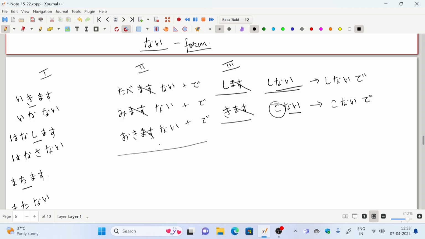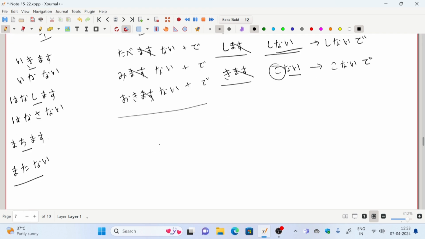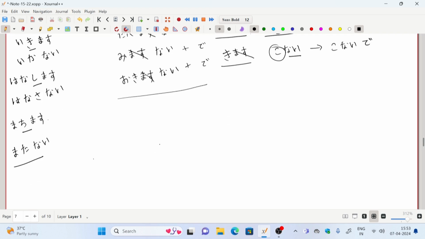So when we want to use please in a negative way, don't do, okay, then when we use this form, we'll add de here, like we have done earlier in the second group and the third group.